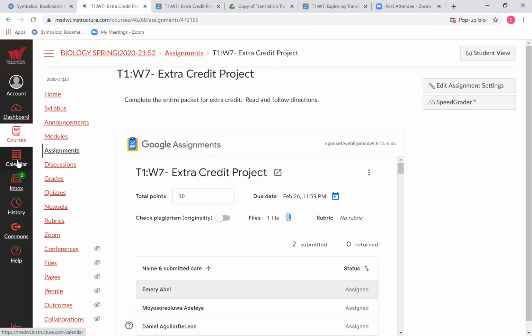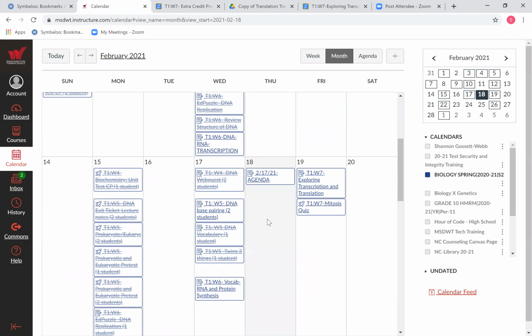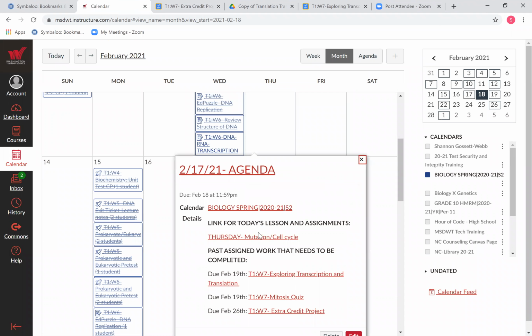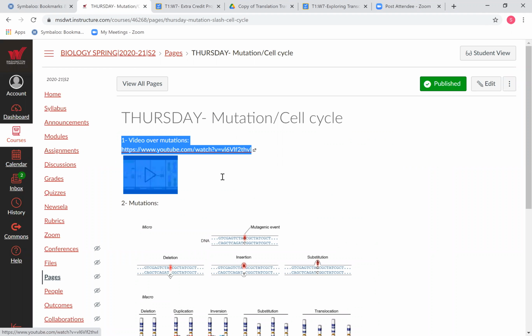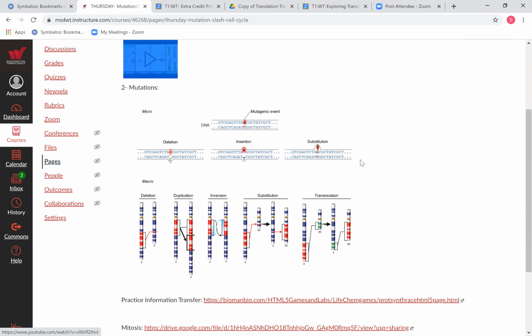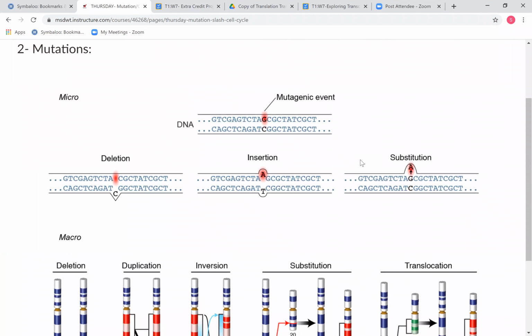Now we're going to go back to the calendar and look at the assignment for today. We're getting down to the nitty gritty of what we need to know for our test. So I've given you a video over mutations. These 3 mutations right here, deletion, insertion, and substitution, are the 3 that you have to know. Deletion means it takes a base out.